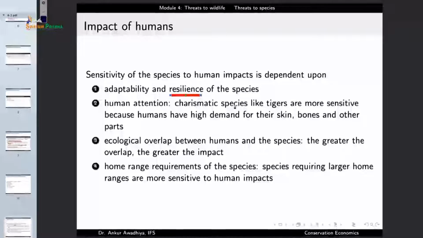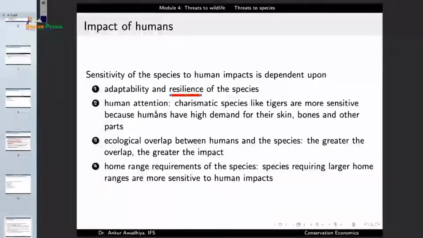So the impact of humans on a species depends on how resilient the species is. Is it a species like rats and mosquitoes that is very resilient, or a species like elephants that is not resilient? Adaptability and resilience of the species has a very important bearing on the impact of humans on that species.